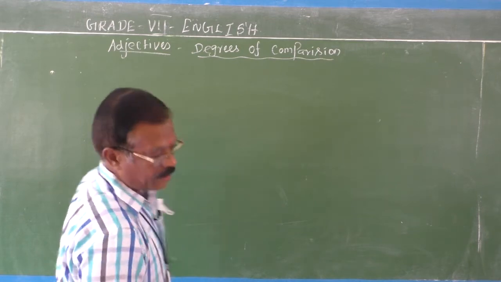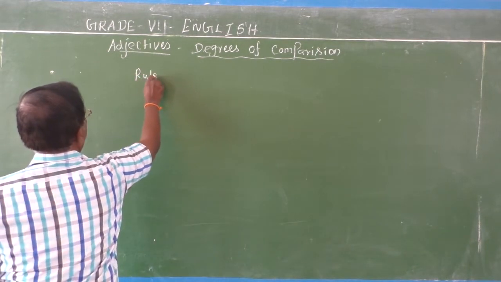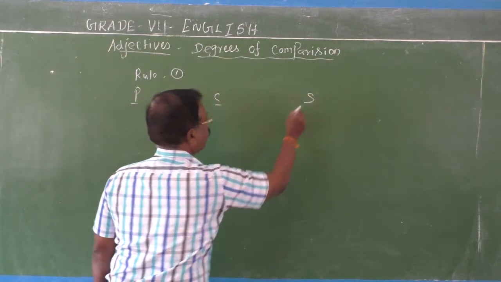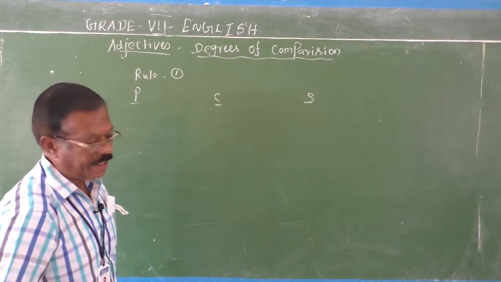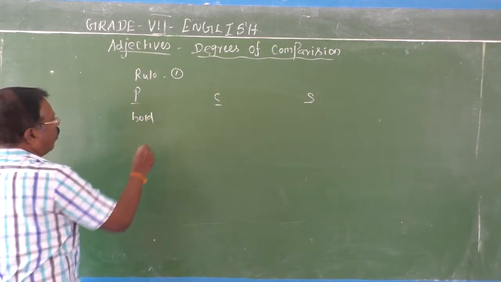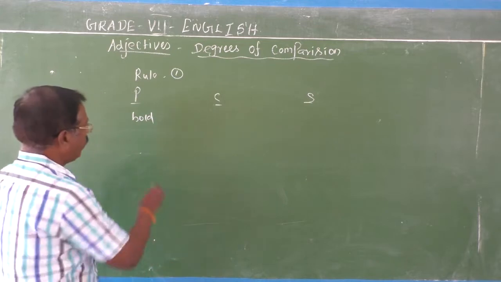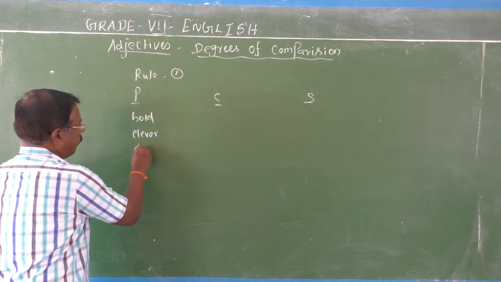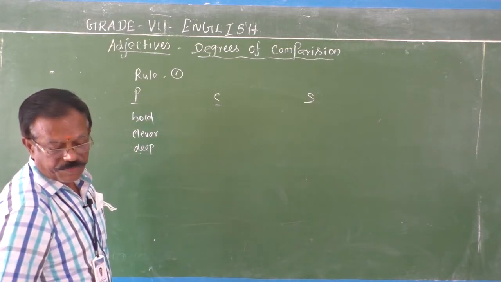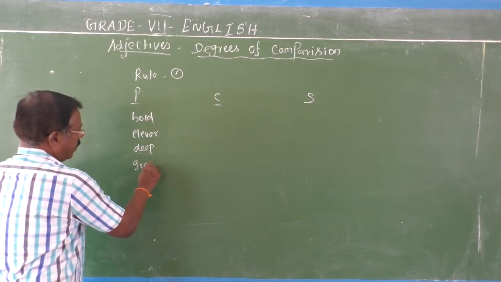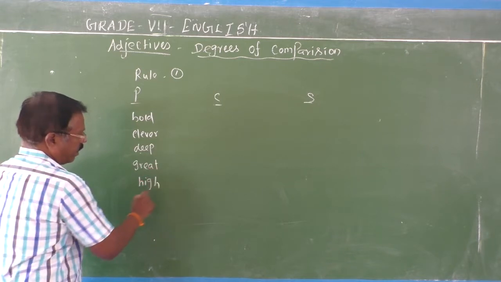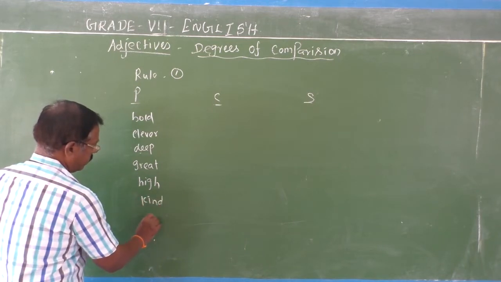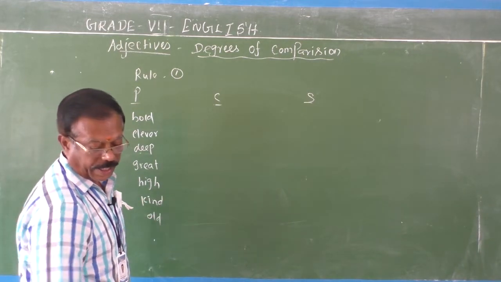Rule 1. P stands for positive, C stands for comparative, S stands for superlative. First I will write all the words in the positive form: bold, clever, deep, great, high, kind, old, and rich.